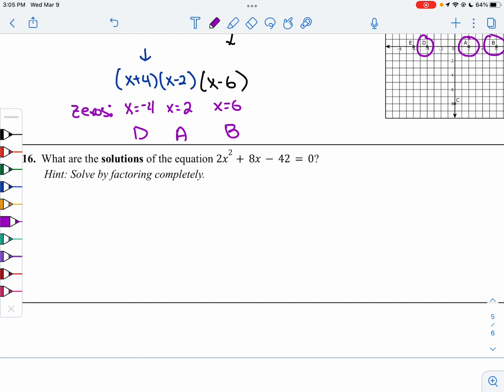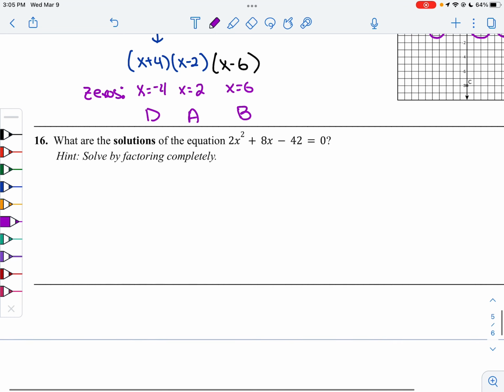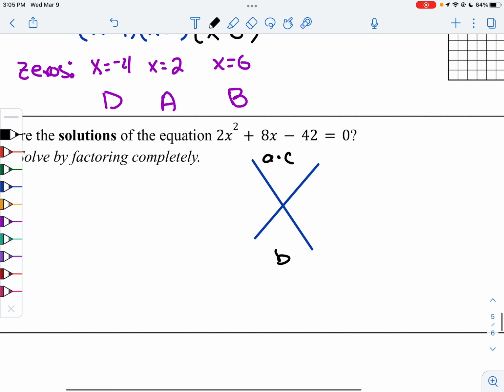What are the solutions of the equation? Factor completely. So this looks like another diamond method problem. Do a little diamond method here, except this one, we have a times c, which is 2 times negative 42, which is negative 84, and a positive 8 on the bottom.